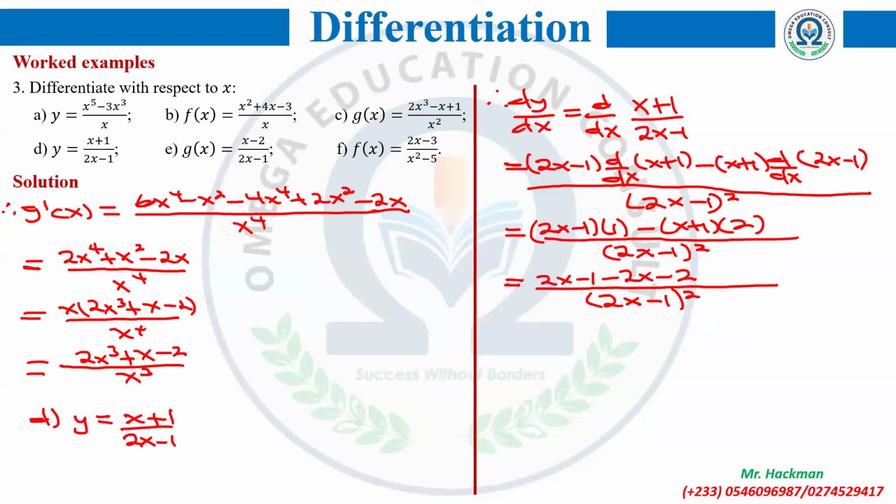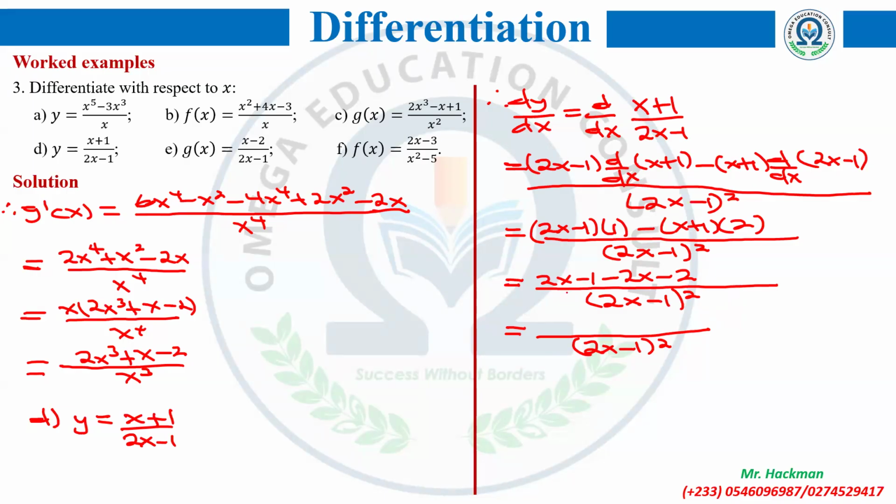So now what do we have? We are going to get this to be equal to, the denominator will be intact. Never expand as advised. Don't listen to that spirit that will tell you to expand. Never. So I'm going to simplify my numerator. I can see plus 2x minus 2x, so that will cancel.